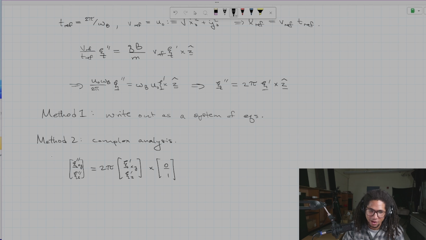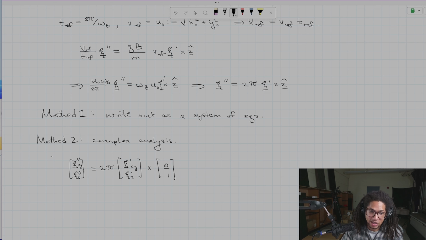All right. Now, this may not look particularly intuitive here, but the thing I want to note is that on the right-hand side, in the z direction, we're taking the cross product of a vector with the z hat vector. In other words, with a vector pointing in the z direction.